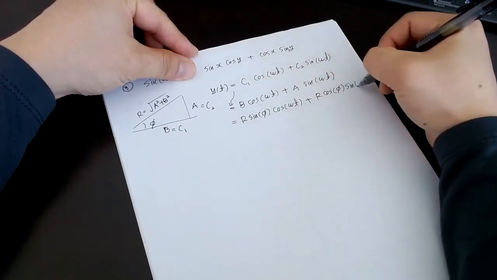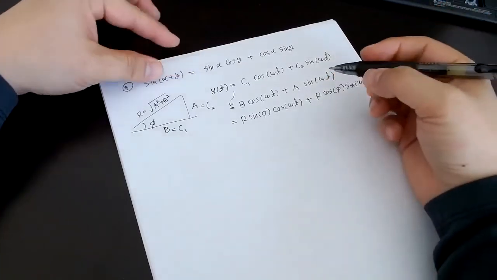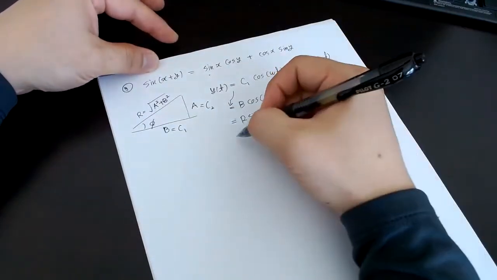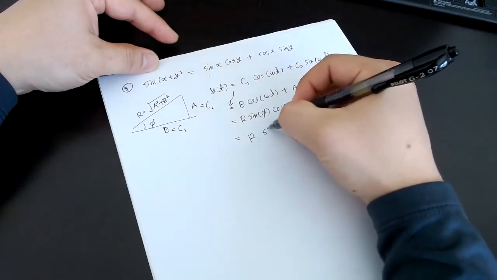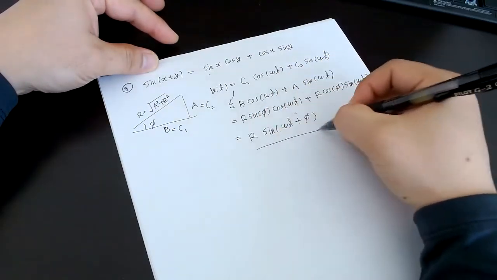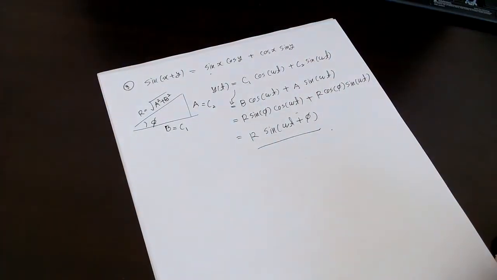Now applying this formula here, you get r times sine omega t plus pi. So either r times sine omega t plus pi or r times cosine omega t minus pi are called the phase and amplitude forms.